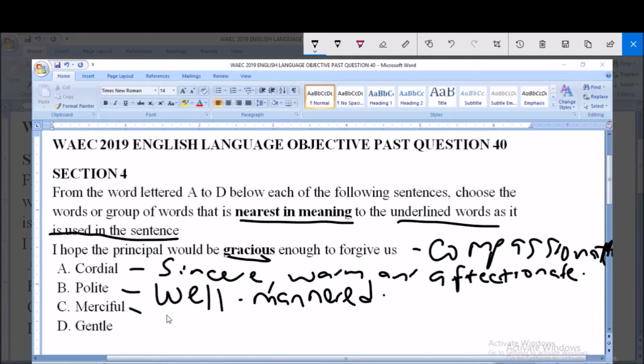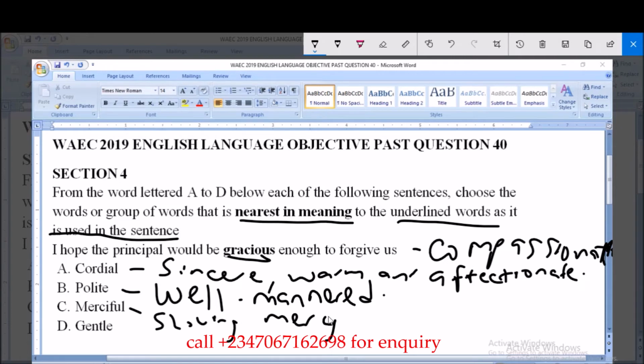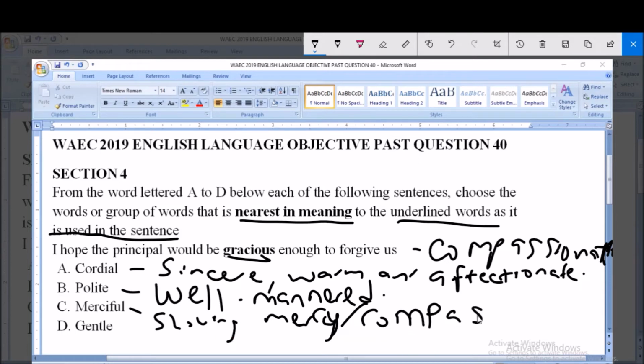Option C, merciful, means showing mercy. Another word that can be used is compassionate. And then option D, gentle, means tender and considerate.